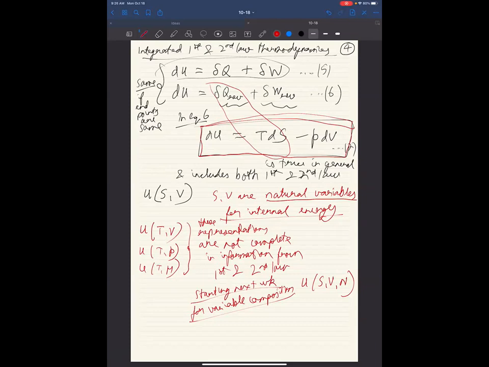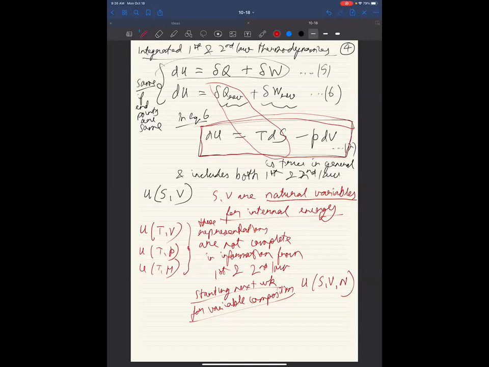This equation, if I just wrote down this equation for you, dU is equal to TdS minus PdV. At first sight, it looks like, where did it come from, right? It looks quite complicated, but if you take a moment and go back, just remember dU is equal to delta Q plus delta W. dU is a state function, and if you are thinking only about pressure volume work, then we can write this as delta Q reversible plus delta W reversible.